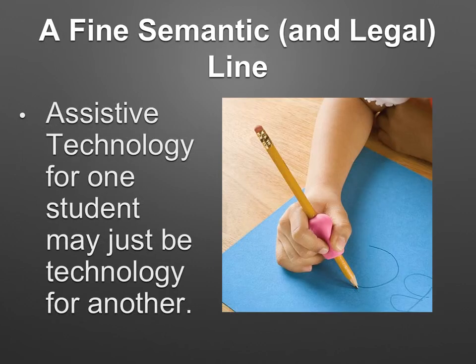It is a fine semantic and legal line. For example, a student without a disability who uses a pencil grip for writing tasks as a preference is just accessing a tool as a general classroom technology. For a student with a disability in the area of writing who cannot complete writing tasks without that pencil grip, it becomes assistive technology and would be documented in the student's IEP as such.